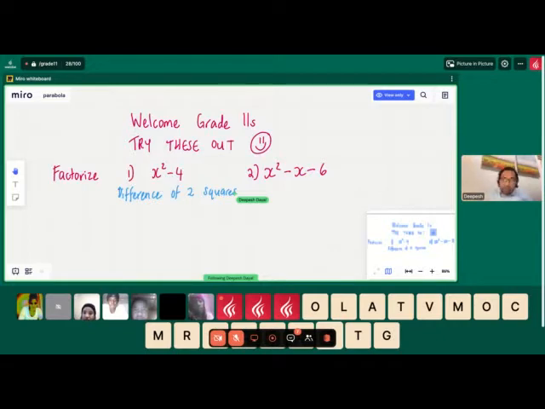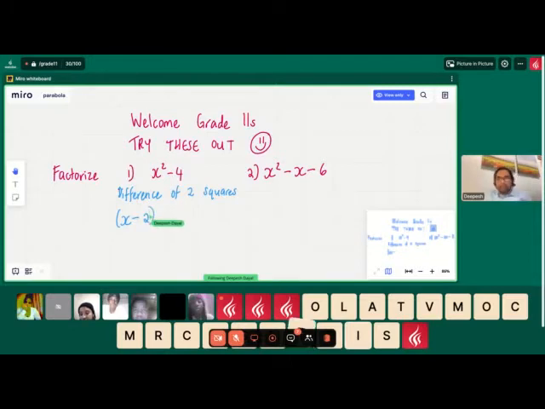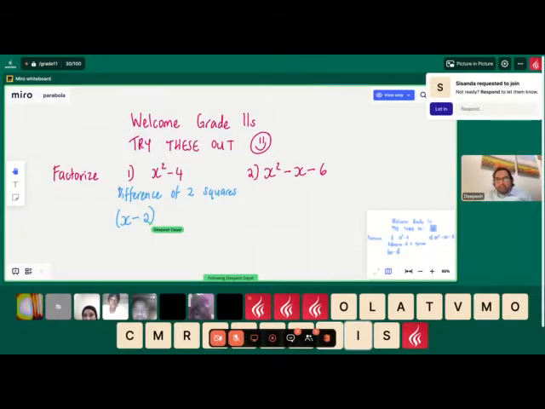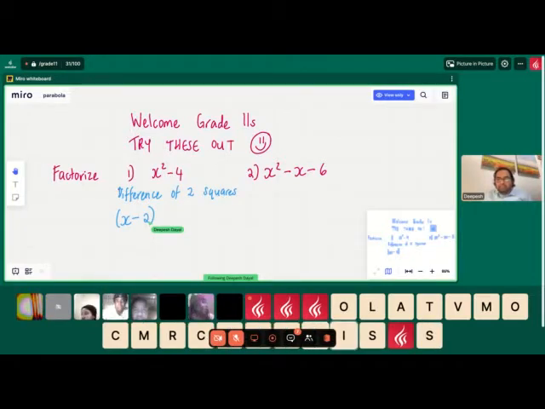So if we square root x squared, we get x, and when we square root 4, we get 2, so x minus 2. So that's the first bracket. What's the second bracket? Anybody want to give it a try? What's the second bracket going to be, if the first one is x minus 2?